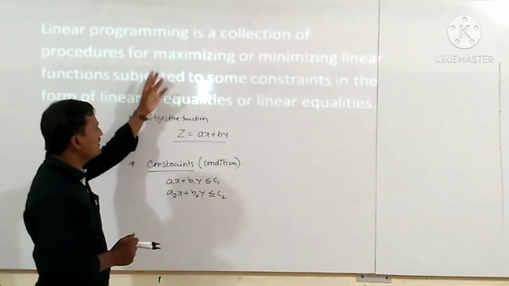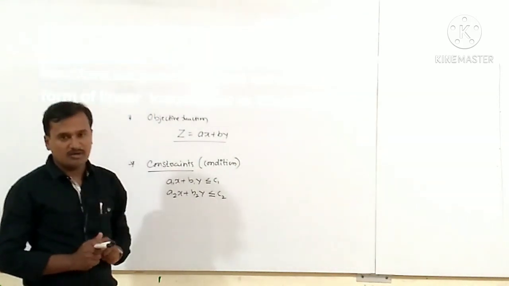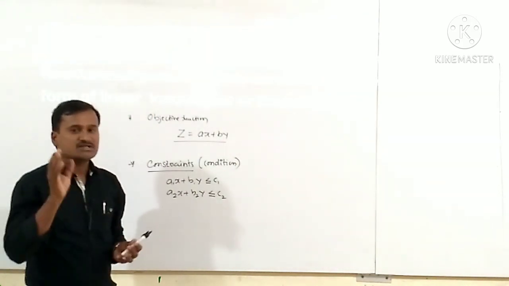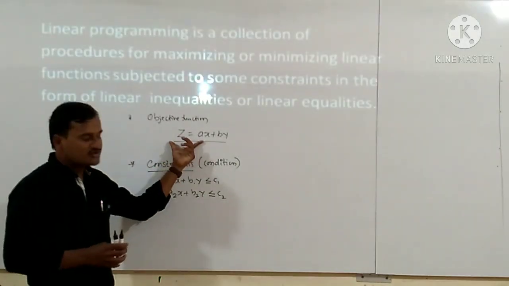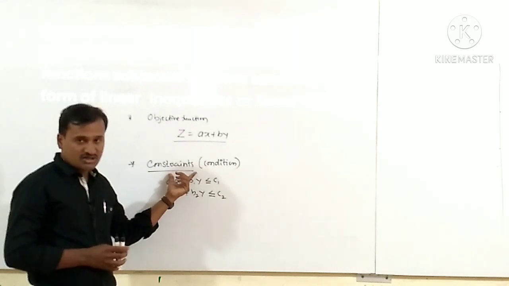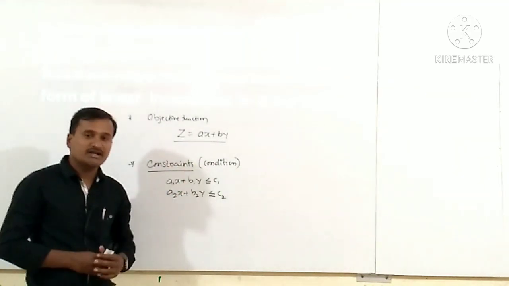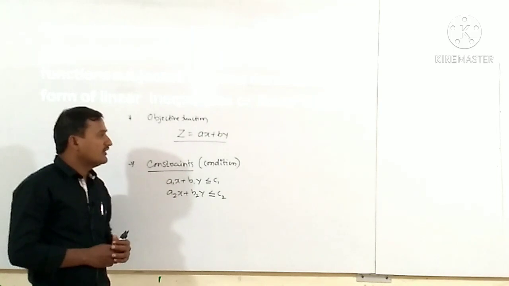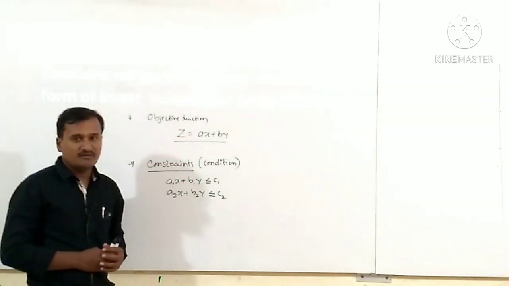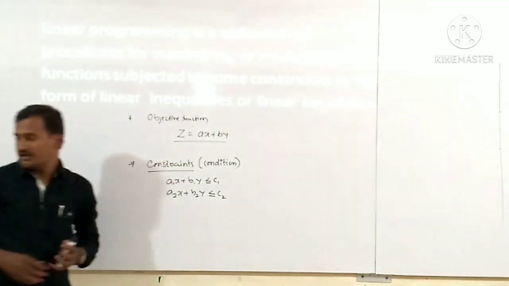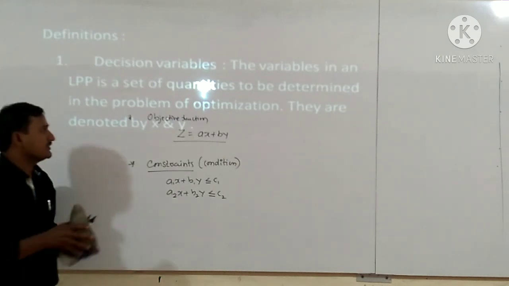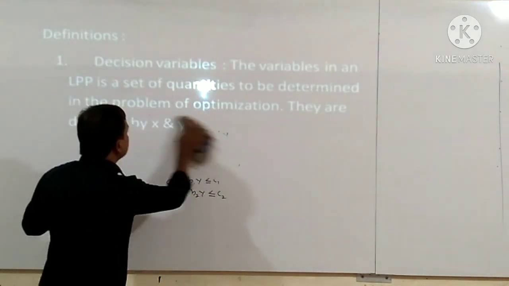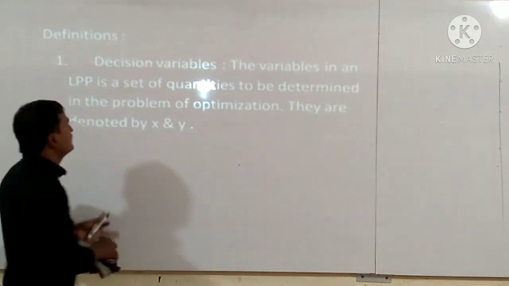While studying it, first we should know some definitions, like what is meant by objective function, constraints, and decision variables, right? Now we will discuss some of the definitions. The first definition is decision variable.